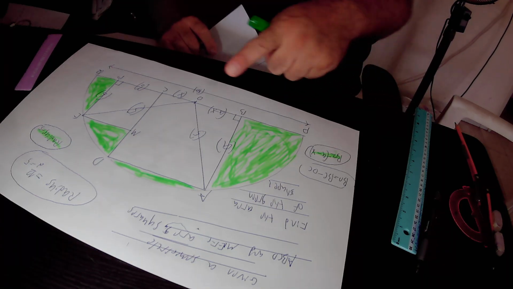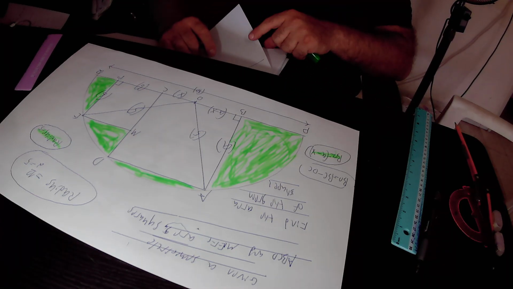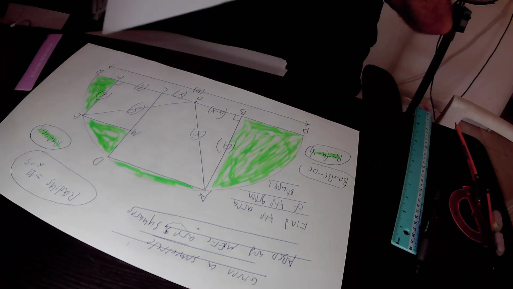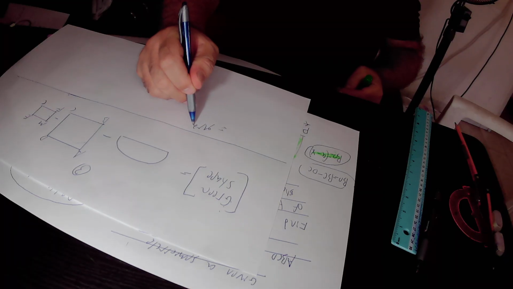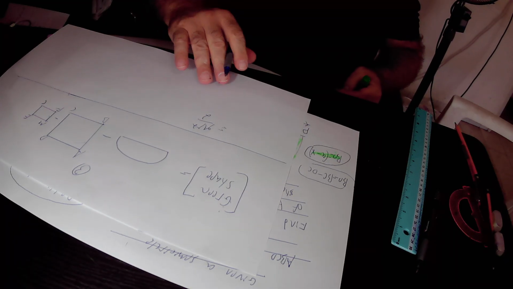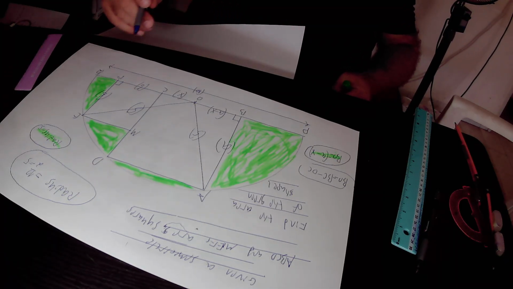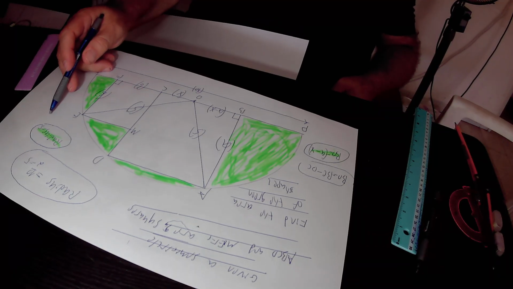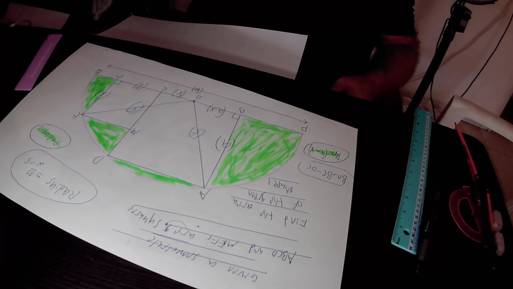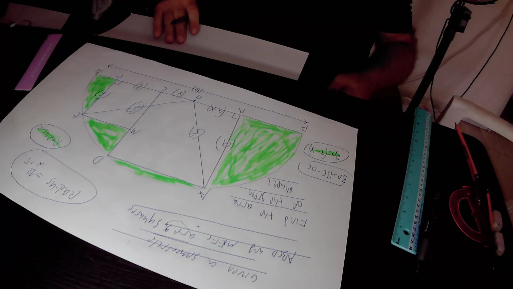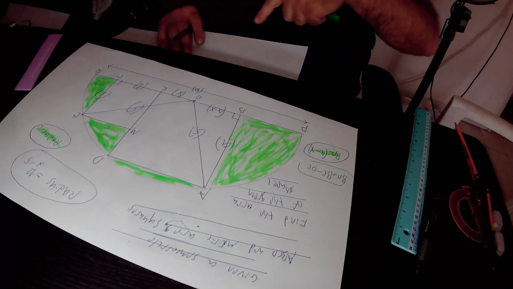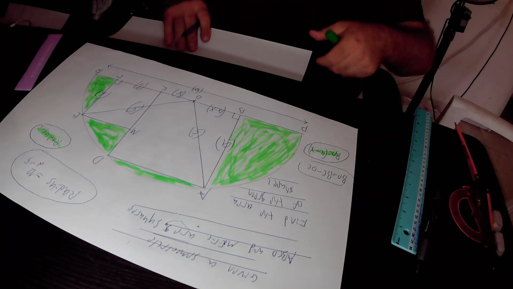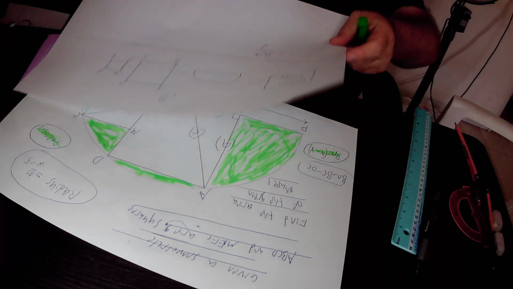So the area of this semicircle must be equal to pi r squared over 2. But we have found out that the radius of this semicircle equals 5. So r is 5, therefore r squared is 5 squared, that is 25. So in total, the area of this semicircle equals 25 pi over 2 square units.